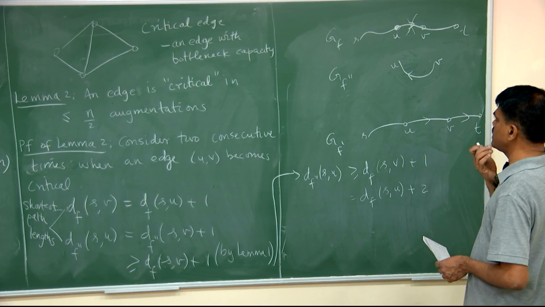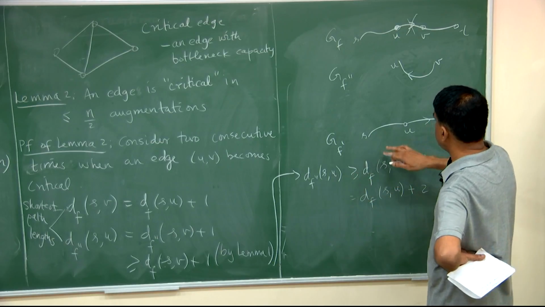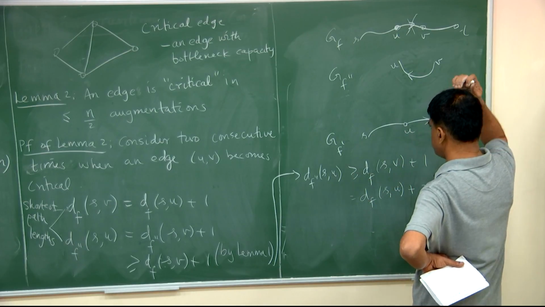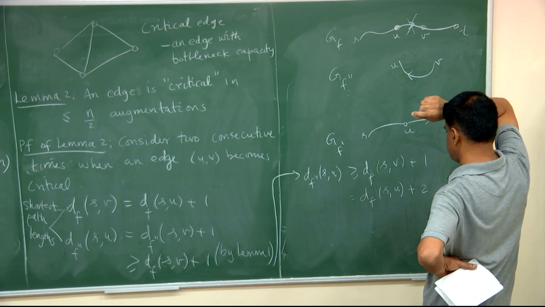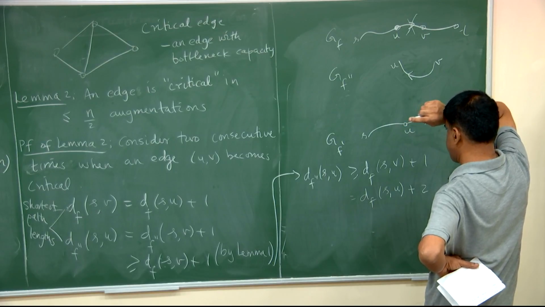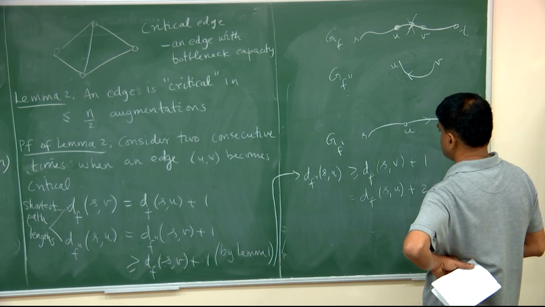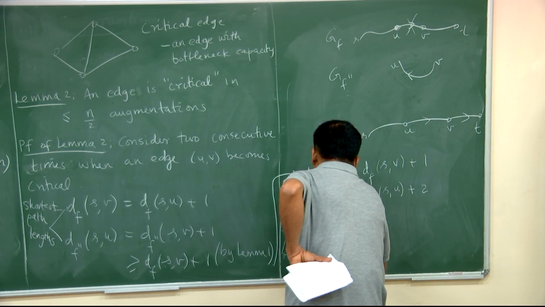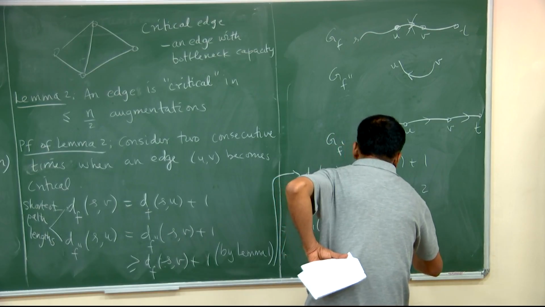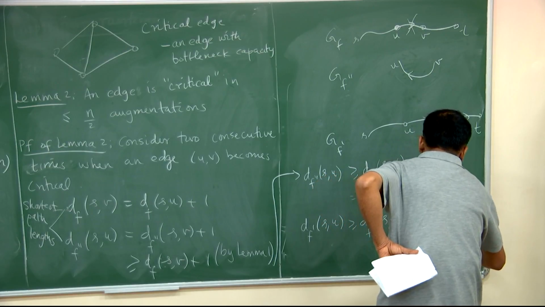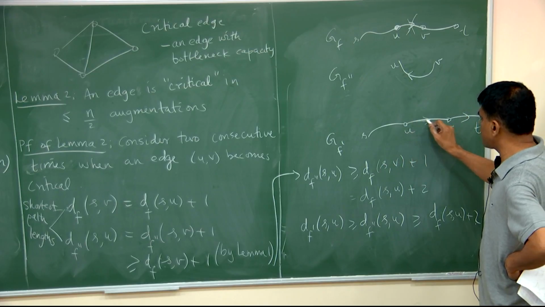So what has happened is that here is a place where UV is becoming critical. The shortest paths are increasing. So UV is becoming critical again.